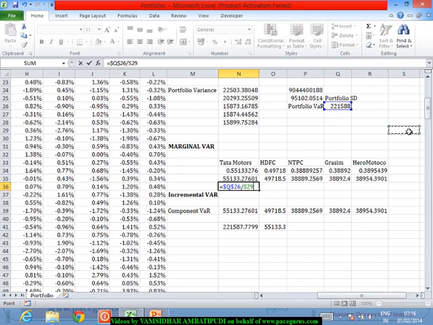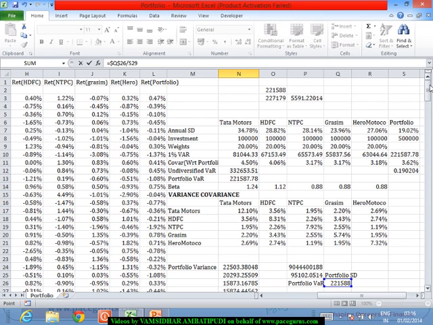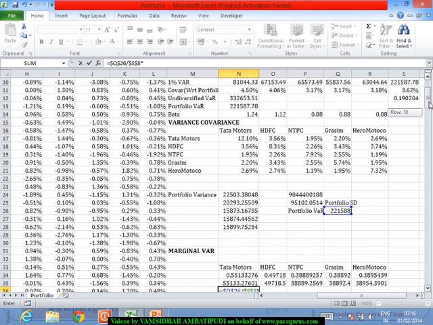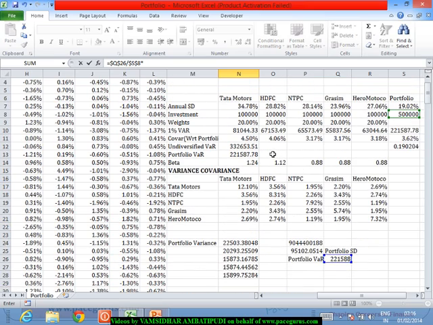I take the portfolio value, I multiply these with the beta of the security with respect to the portfolio.